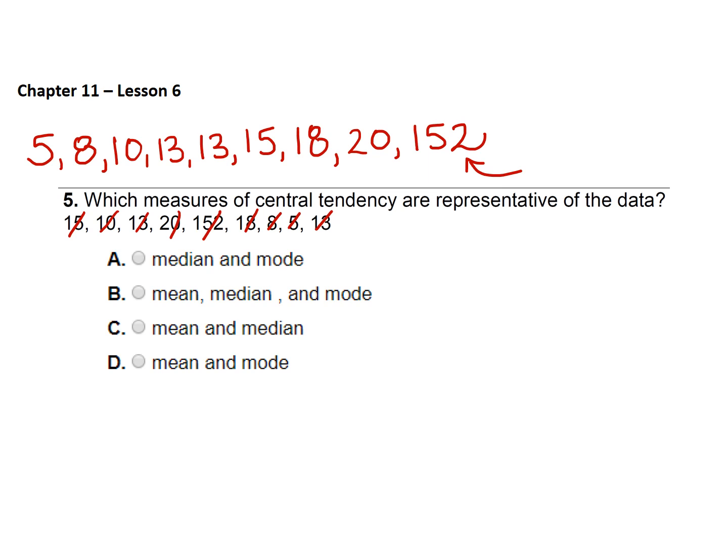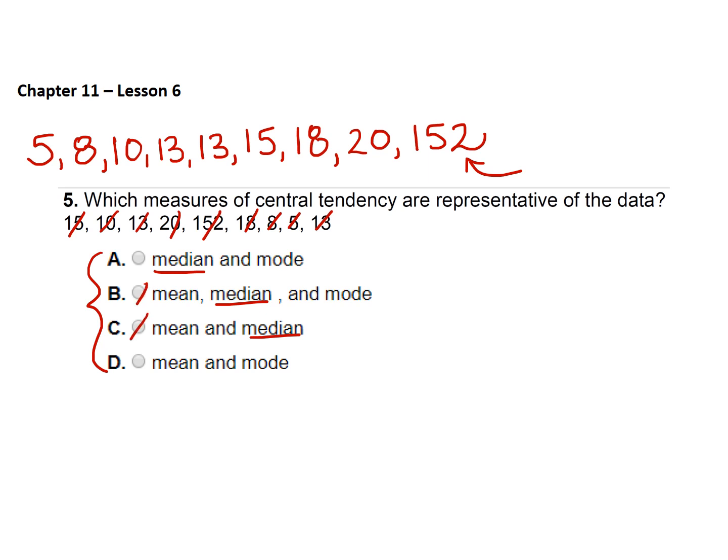Now, when I look here, they're not just giving me the choice of just the median. I see median here, and median here. All right, so I know the mean is not going to be good. So that's really just going to leave me with the mode.